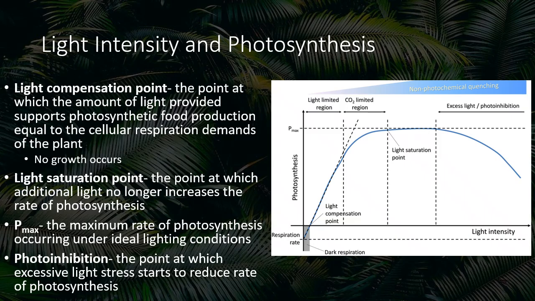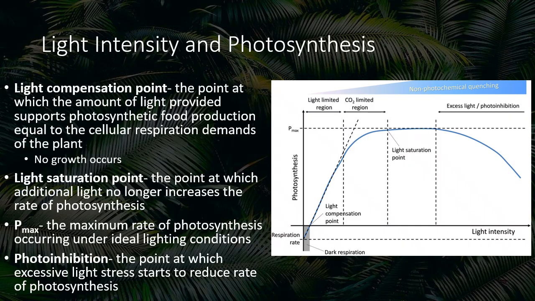As we increase the amount of light, the rate of photosynthesis increases, and we're going to see an increase in the rate of growth of the plant up until the light saturation point. The light saturation point is the point at which the addition of additional light is no longer going to increase the rate of photosynthesis. You can think about the leaf as a factory or a machine whose job it is to produce sugar.